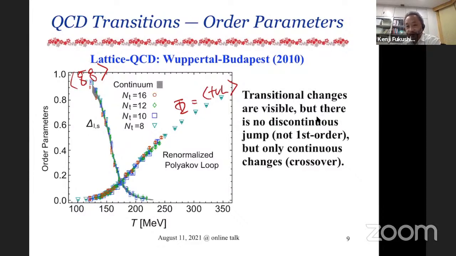This is a quite non-trivial feature, but not very surprising because, as I told you, both phase transitions are characterized by the same scale, that is lambda QCD. Indeed, this temperature, 150 or 200 MeV, is very close to the lambda QCD scale, that is usually 200 MeV or so. So everything is quite natural.